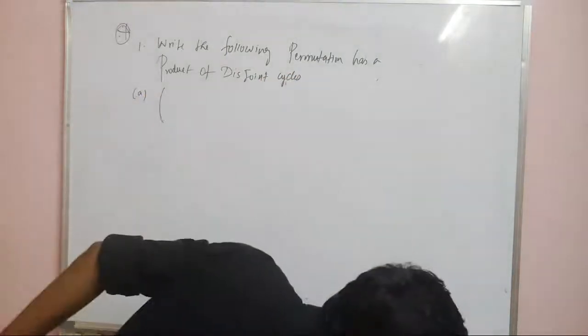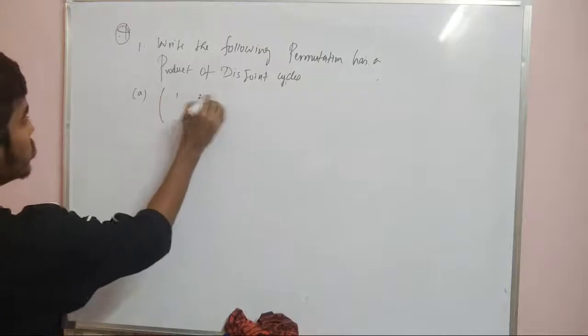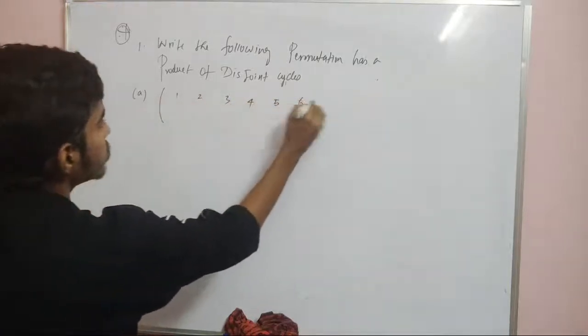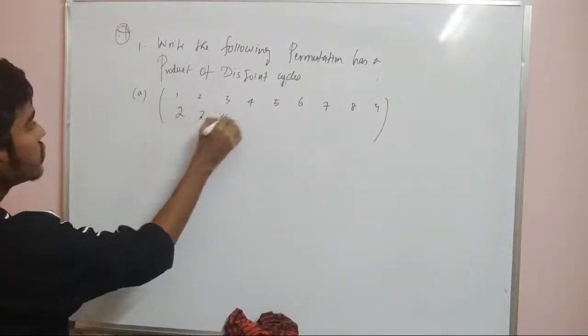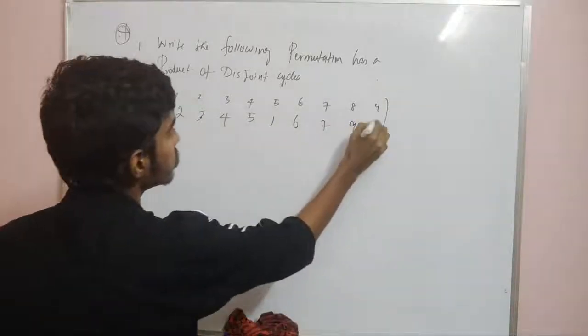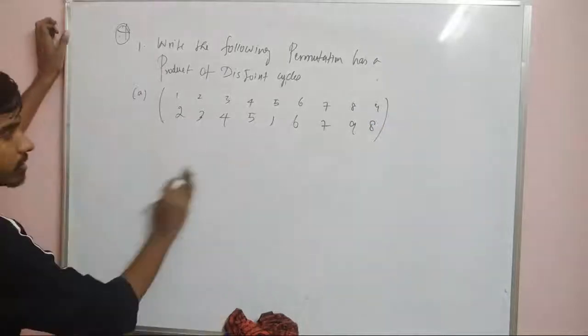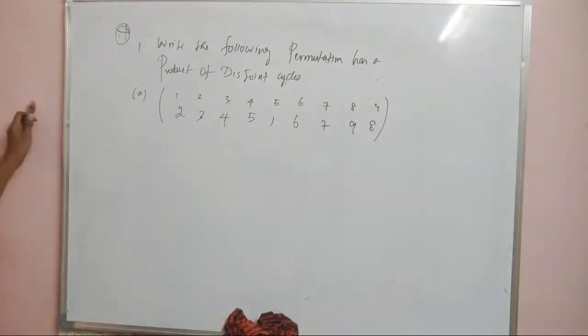So the first question is: 1 2 3 4 5 6 7 8 9 maps to 2 3 4 5 1 6 7 9 8. Now we can easily write this, right? So this is a permutation, and we know how to write this as a cycle.